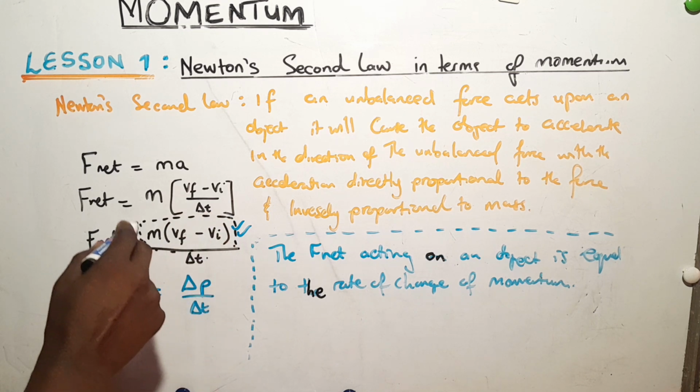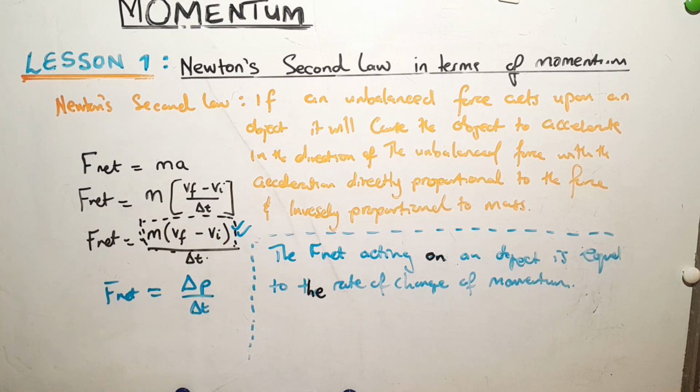Don't forget that your VF and your V initial are vectors, and so they need the direction in order to find the F net correctly.